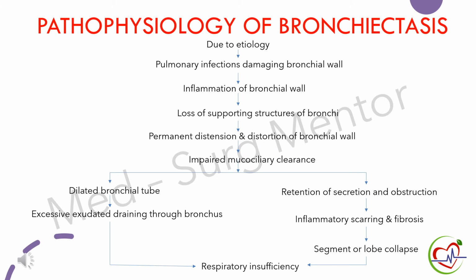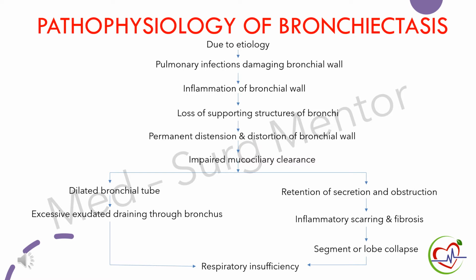Pathophysiology of bronchiectasis. Due to etiological factors like lung infection, bronchial wall is damaged, resulting in inflammation. Gradually, the bronchi supporting structures are damaged, resulting in permanent distension and distortion of the bronchial wall. It creates an impaired mucociliary clearance.